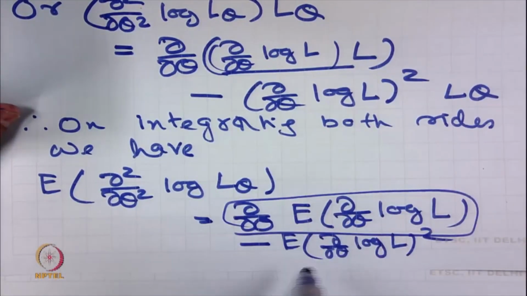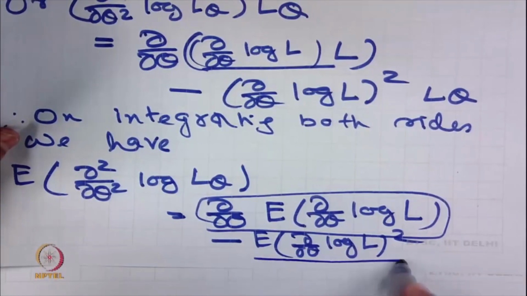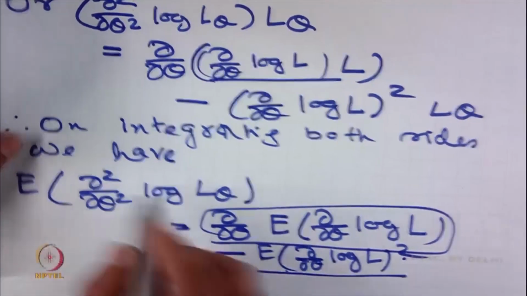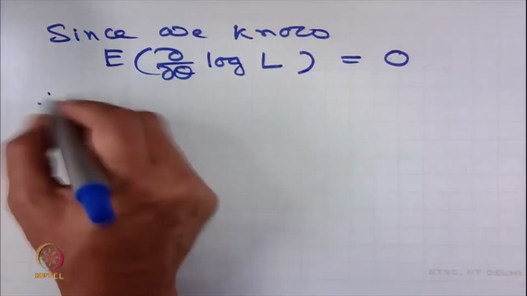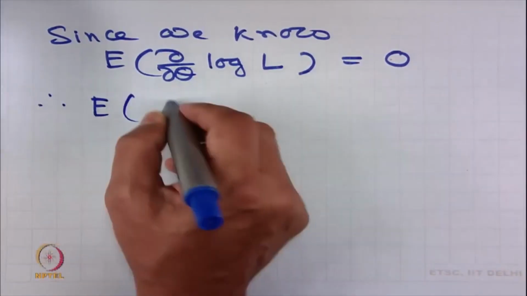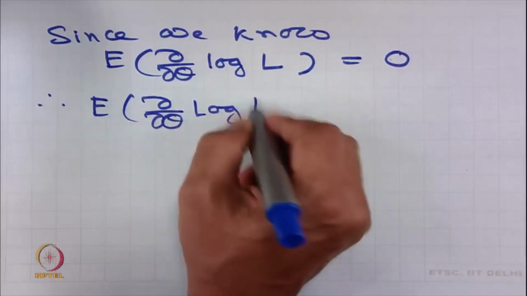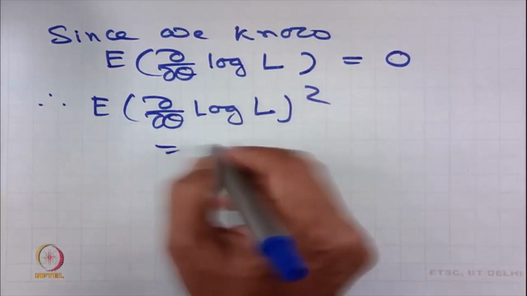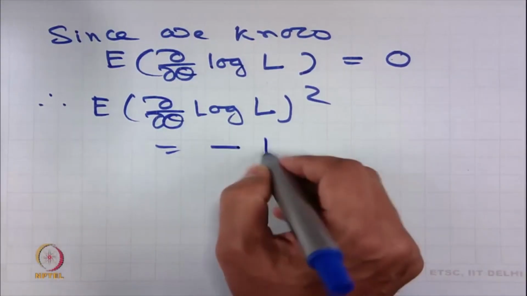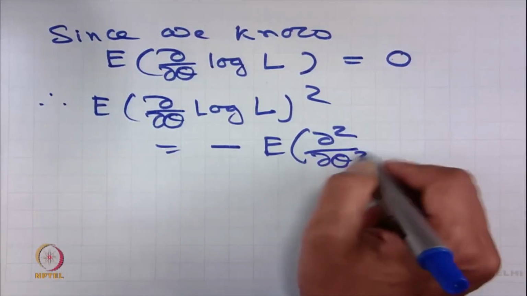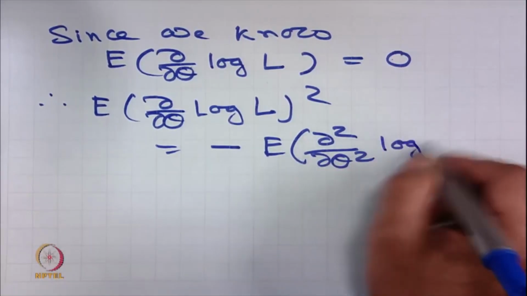Therefore, we can see that expected value of del del theta log L whole square is equal to minus of expected value of del 2 del theta square log of L theta.